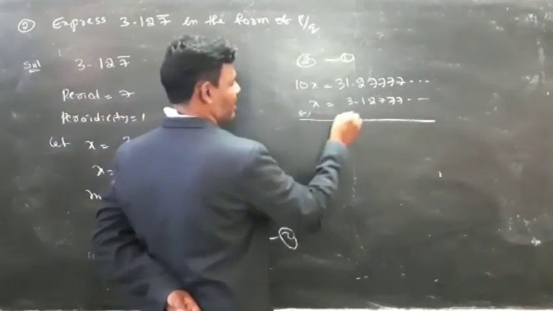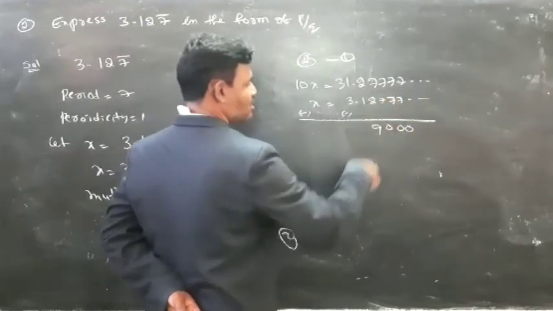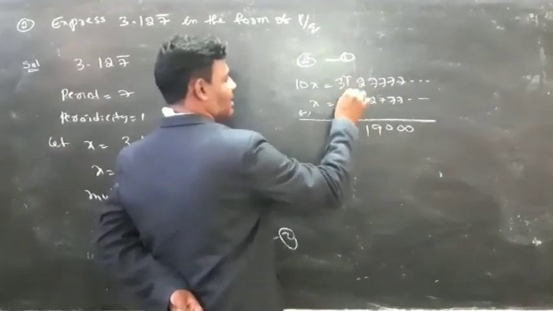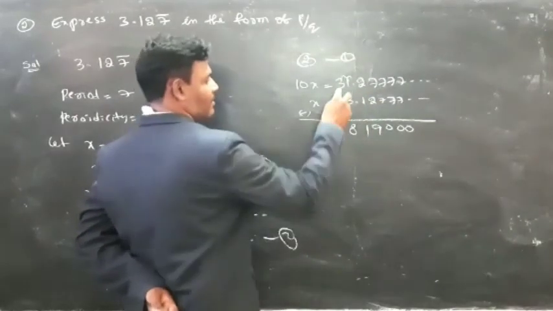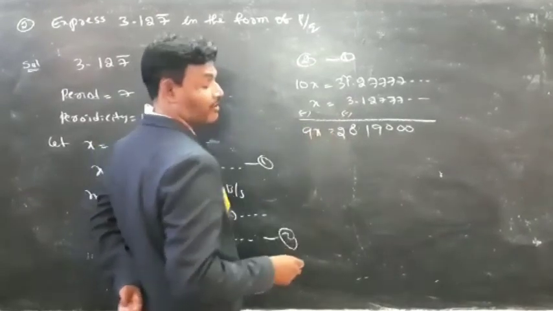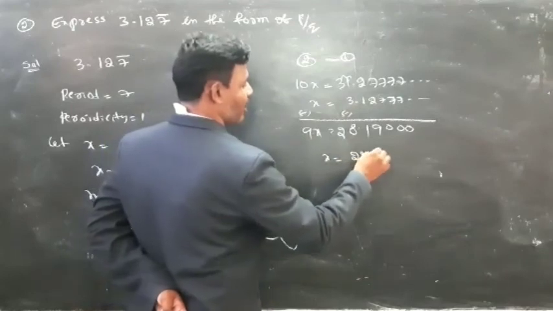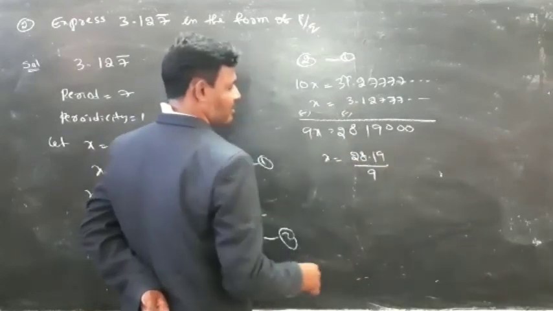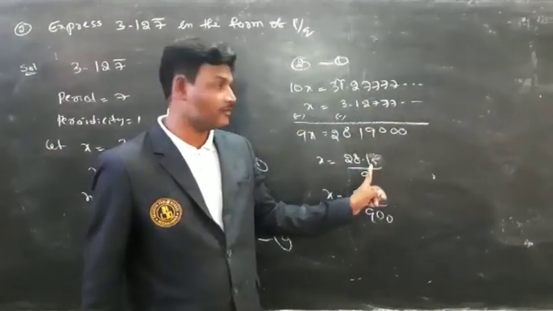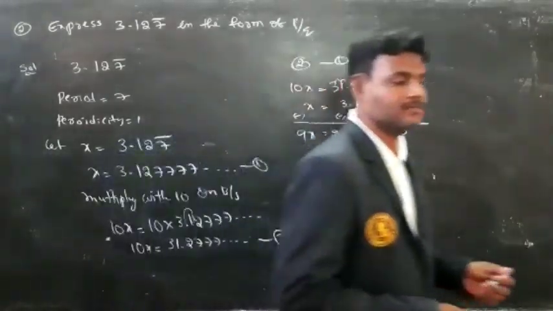Now subtract: 0, 0, 0, 7 minus 2 is 5, 2 minus 1 is 1, and 11 minus 3 is 8. So 9x is equal to 28.15. So x is equal to 28.15 by 9. The final answer is 2815 by 900.